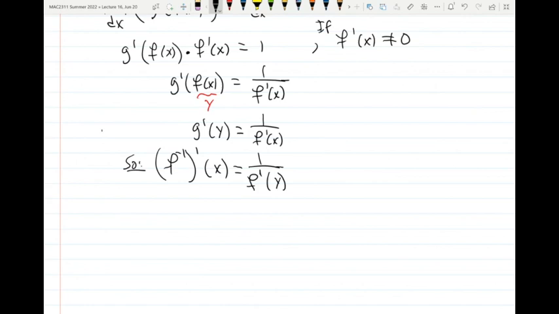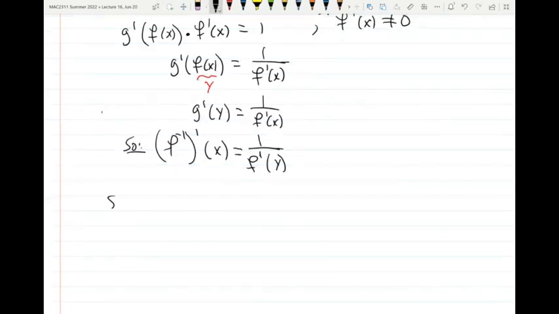The y of the inverse is the x of f. The things are switched, okay? So I'm just switching x and y. That's basically what I'm doing, because when you pass from a function to the inverse, you have to switch x and y. So finally I'm doing this because now y equals f of x. So this is the theorem.